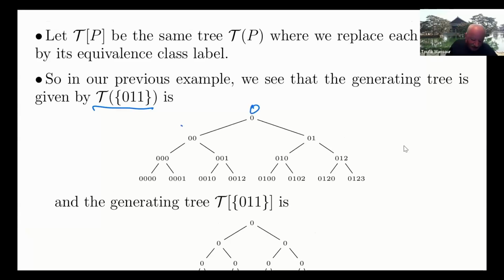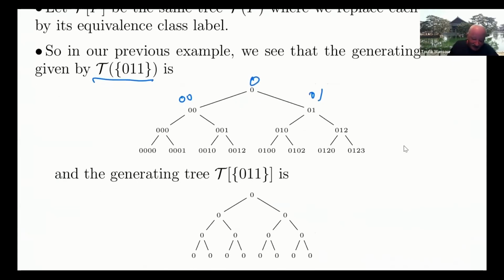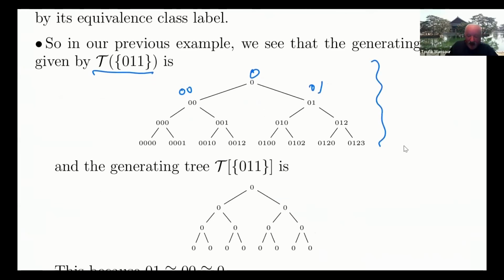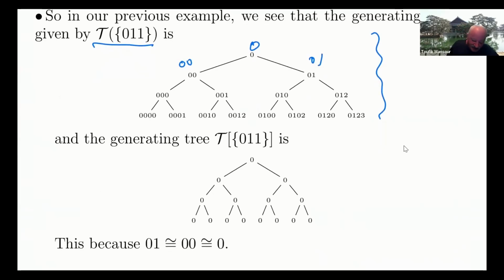This is the tree that we considered before. Now I want to consider its equivalence classes. So 0 is 0. It's a new one. Now I found 0, 0. I look at 0, 0.